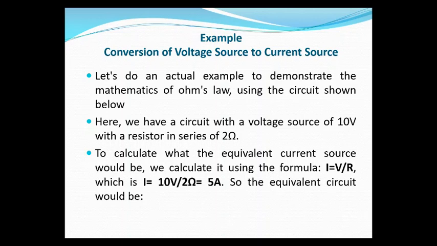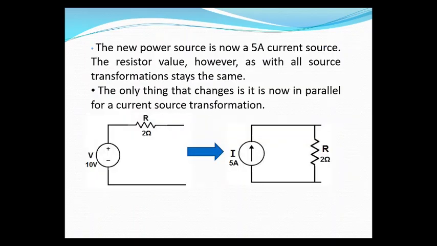To calculate the equivalent current source, we use the formula I is equal to V by R. Then I is equal to 10 volts by 2 ohms, that is 5 amps. So the equivalent circuit will be a 5 amp current source in parallel with a 2 ohm resistor.